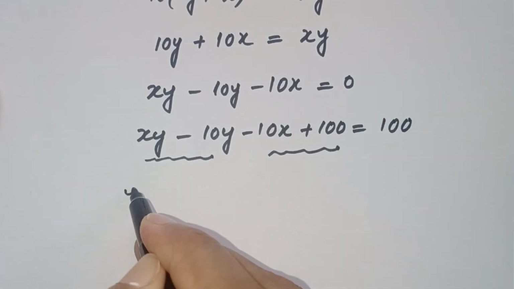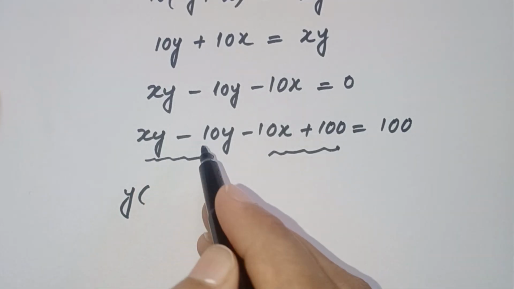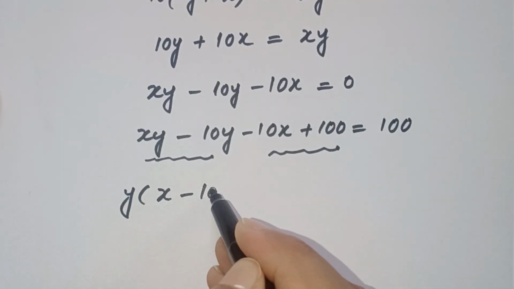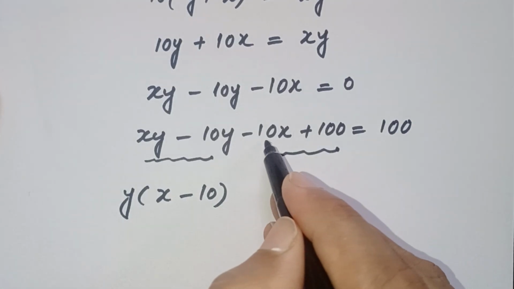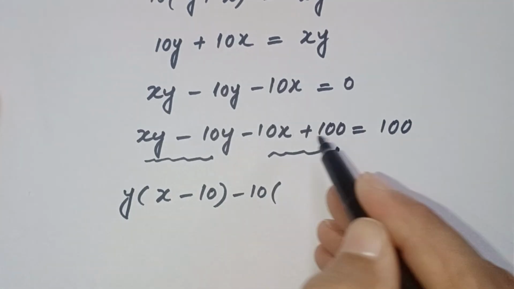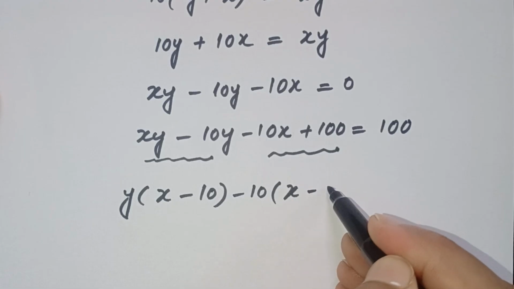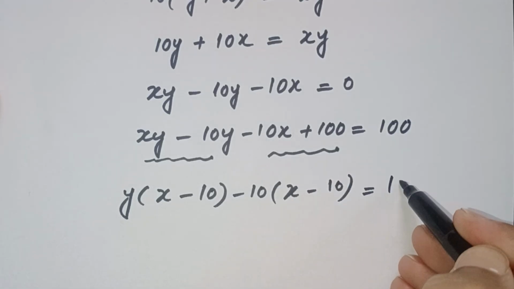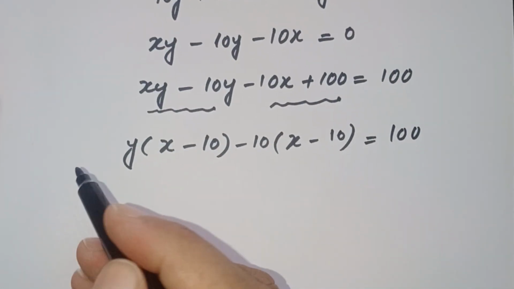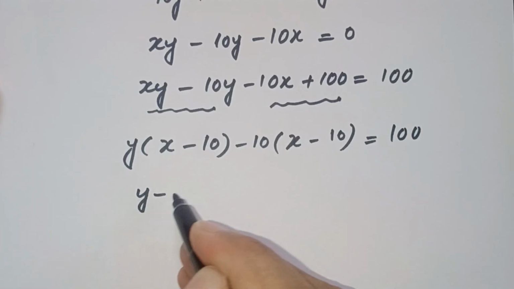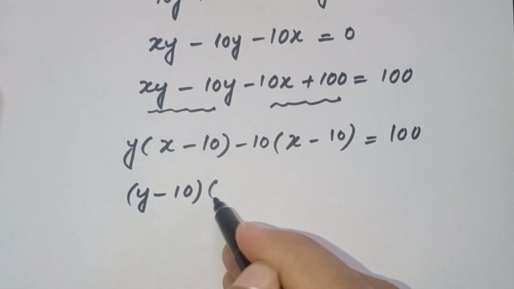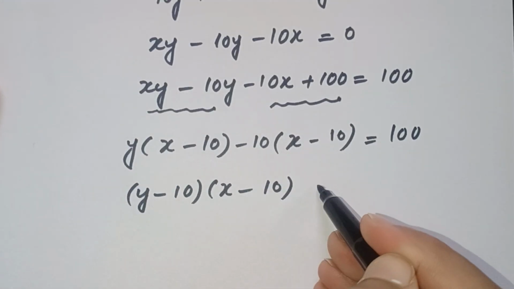We can factor out y from here: x minus 10, and here we will factor out minus 10. Here we will get x minus 10, because we have a minus sign outside of this bracket, is equal to 100. So in the next step we have y minus 10 times x minus 10 is equal to 100.